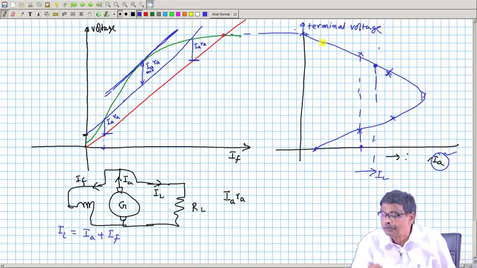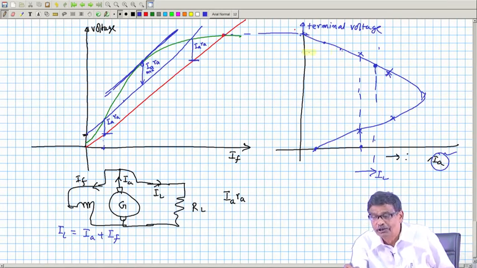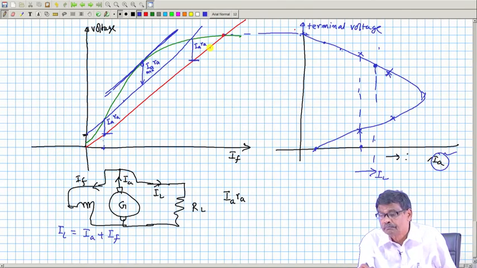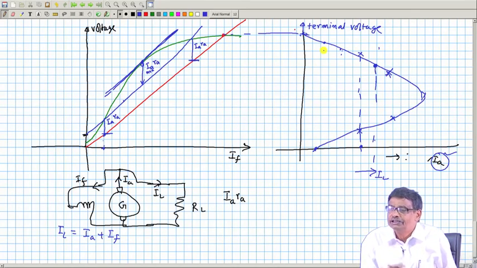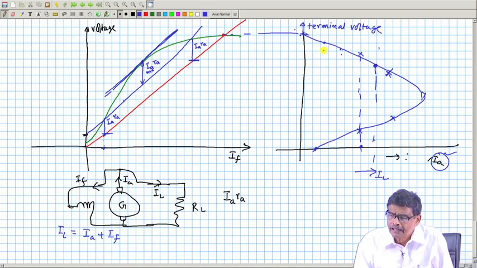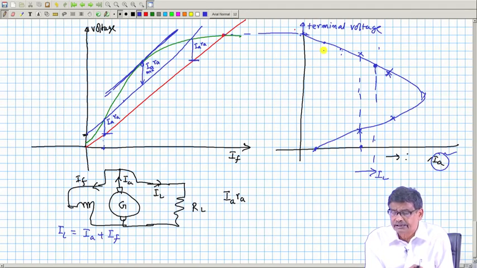Whatever is the flux per pole here, at this point flux per pole is bound to be different, because terminal voltage decides the field current, which is absent in case of a separately excited machine, because in a separately excited machine the field coil voltage is independent of the terminal voltage of the armature, because these two are separate totally. But nonetheless, the shunt generator has the advantage that you do not require any external DC supply to make it operate.